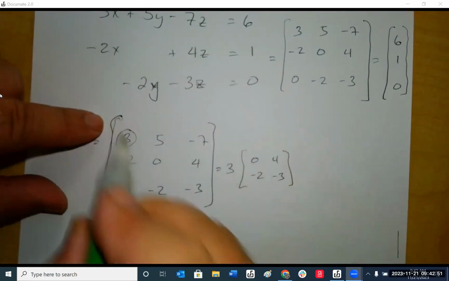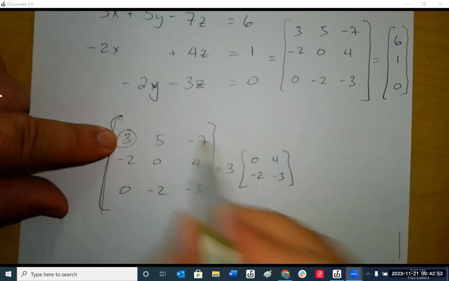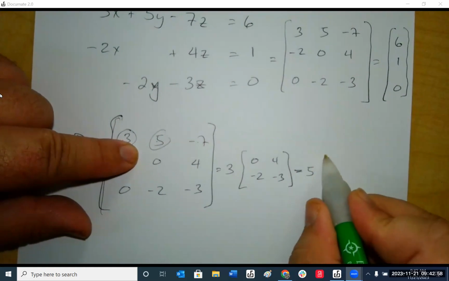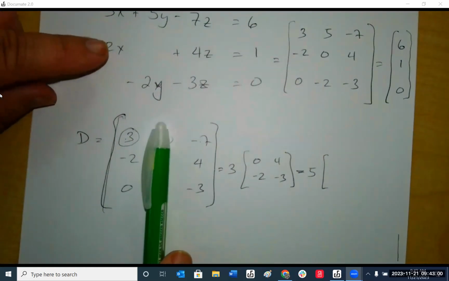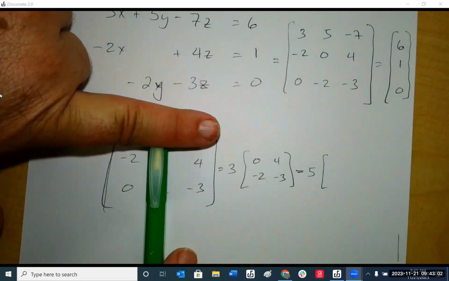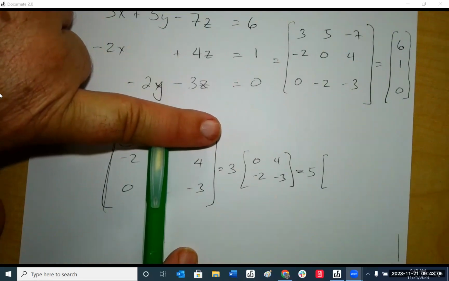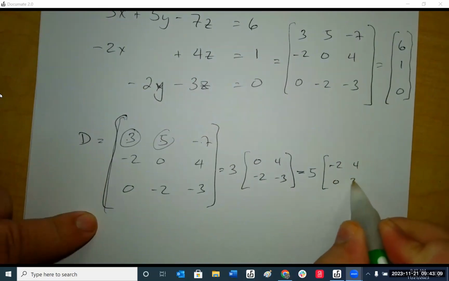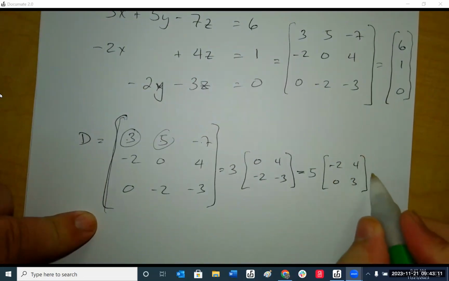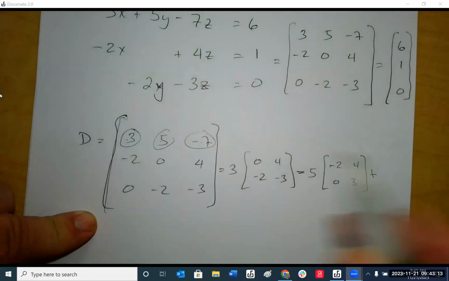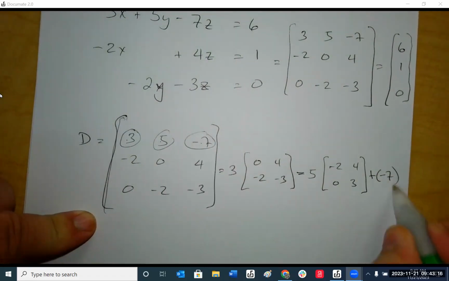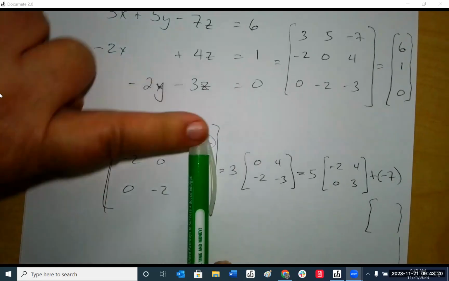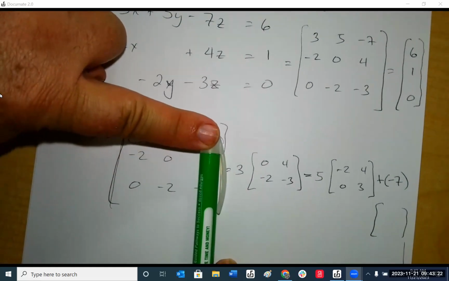Now, because it goes positive, negative, positive, we do a subtraction of 5. Since we use 5, we can't use that row or that column. So we have -2, 4, 0, 3. And it's plus -7. I can't use that row or that column, so I have -2, 0, 0, -2.